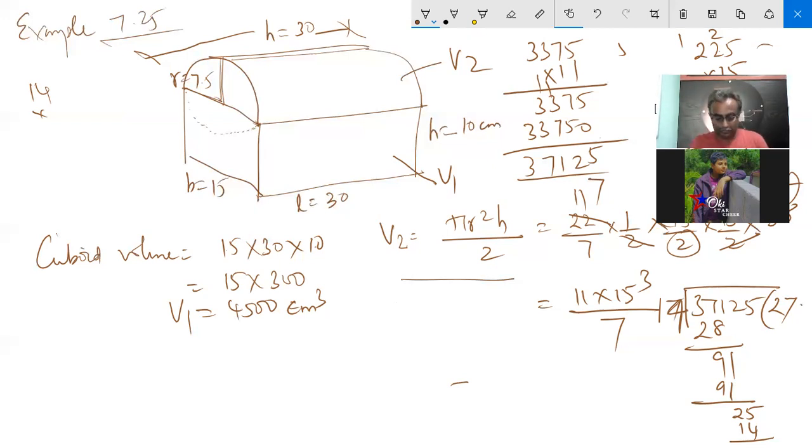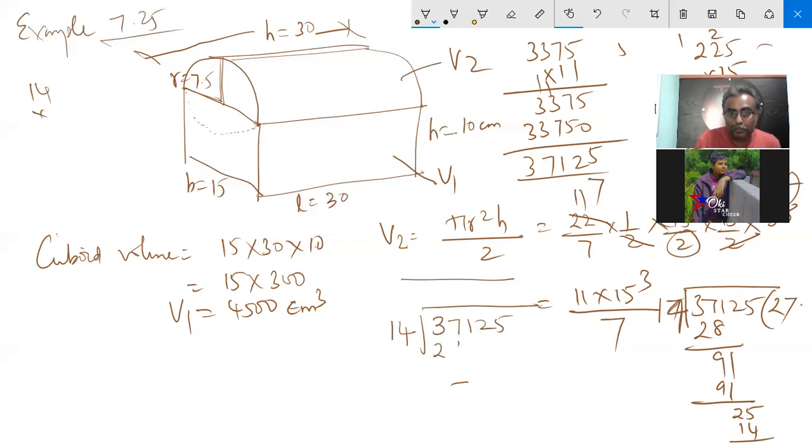Something is going on. 37125 divided by 14. So here is 2651. Answer is 2651. Okay. That means something is wrong. 37125 divided by 14.